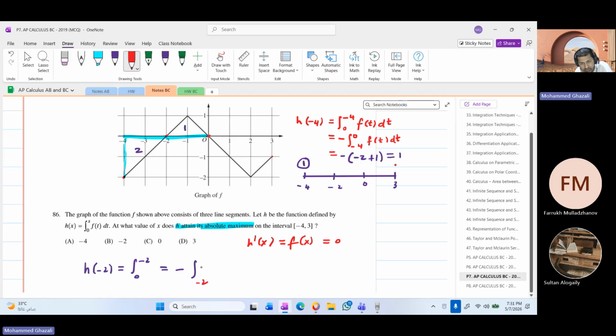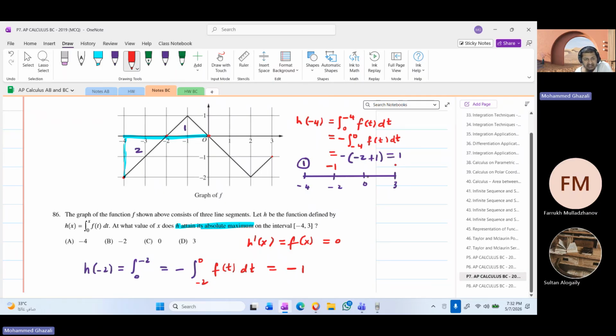So negative of the integral from -2 to 0 of f of t dt. What's the answer for this? From -2 to 0, the answer is 1. Okay, so it's going to become -1. So I've got two values. This is -1. So far my absolute maximum is still at 1, because this is a smaller value.